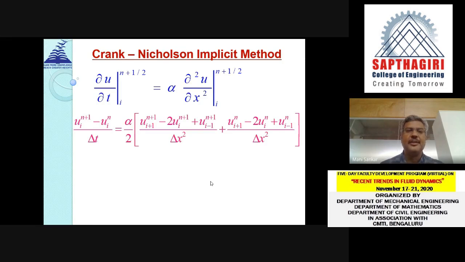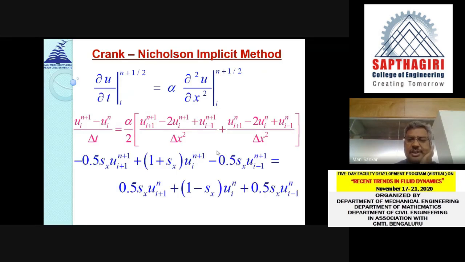When we do that, on the left-hand side, we apply the central difference scheme. On the right-hand side, it's a central difference scheme at the average of the nth and n plus 1th time levels. So this derivative can be written as the average of this derivative at the nth time level and n plus 1th time level. That's how you get this.